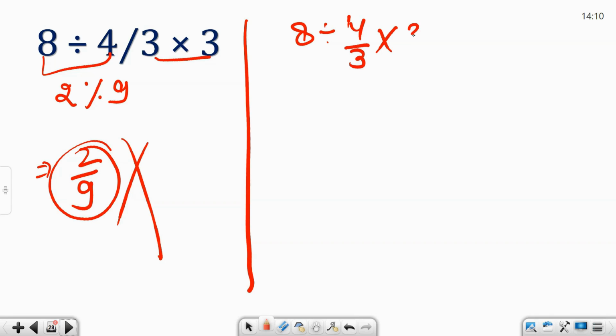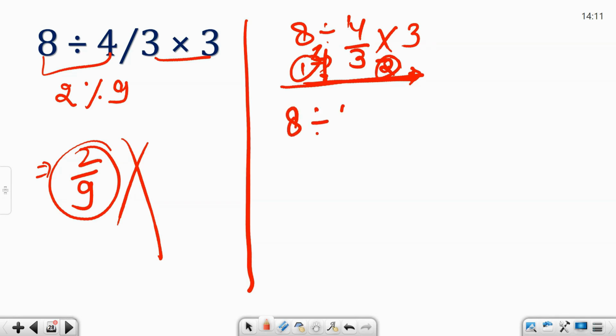Whenever you get a question like this, according to the BODMAS rule, we'll look at the division first, the one that comes first, and solve that. So here, division comes first, and then we'll keep the second operation for later. First priority is division.